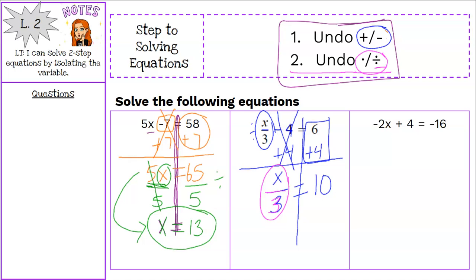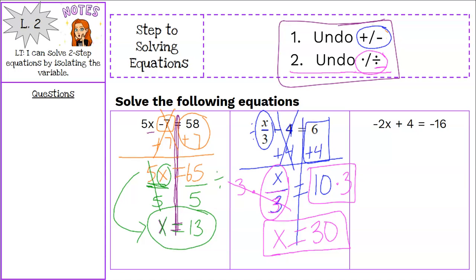We have division, so to undo that divided by 3, we're going to multiply by 3. If we multiply the left by 3, we're going to multiply the right by 3. 3 divided by 3 is 1. We get x equals 10 times 3 is 30. Now our variable is all by itself, so that is our final answer.